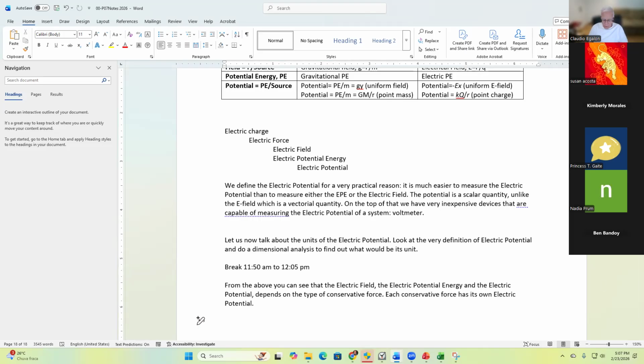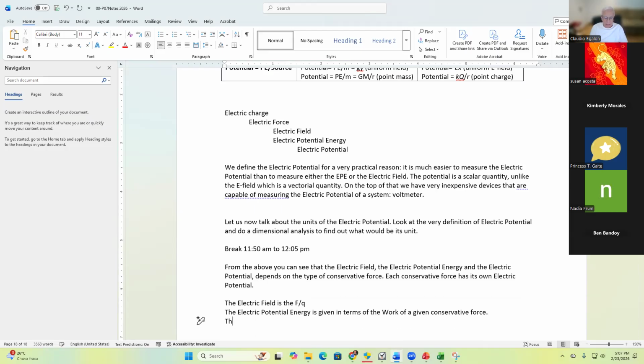The electric field is the electric force divided by a test charge, right? The electric potential energy is given in terms of the work of a given conservative force, and the electric potential, and we abbreviate the electric potential with the letter V, right?